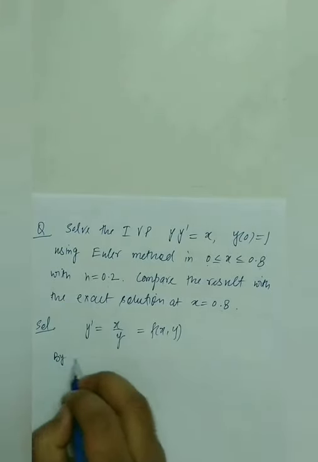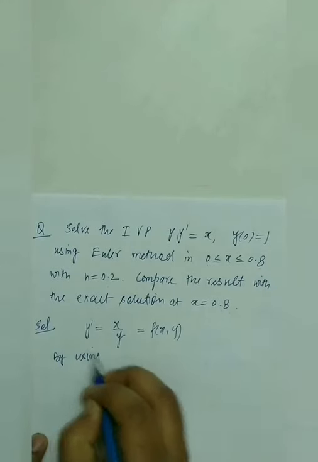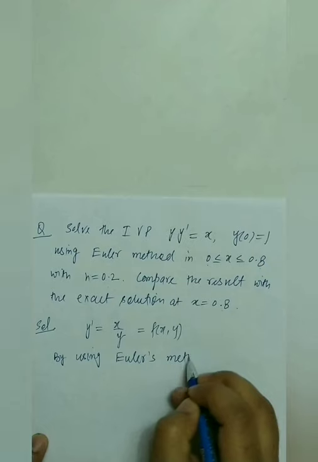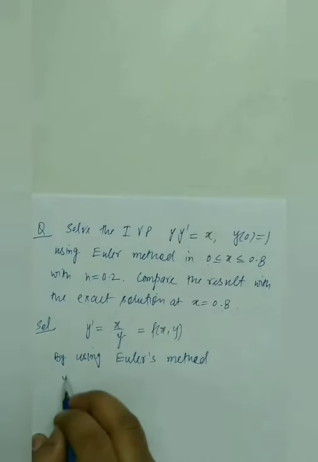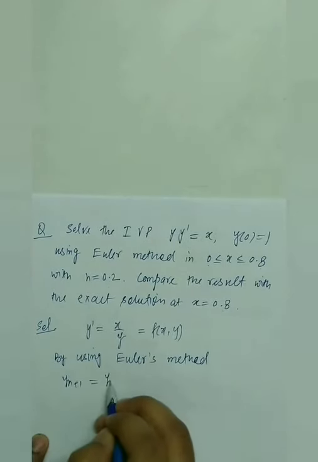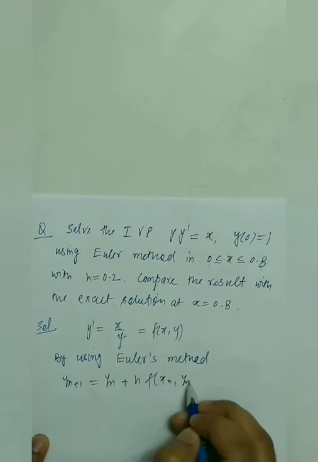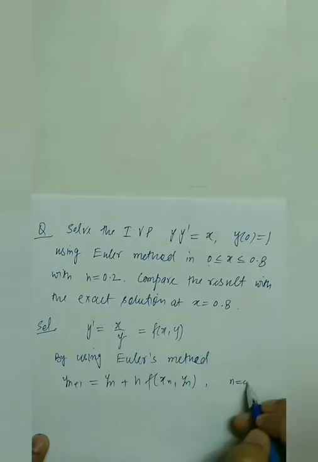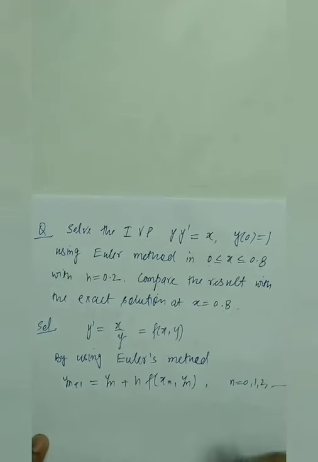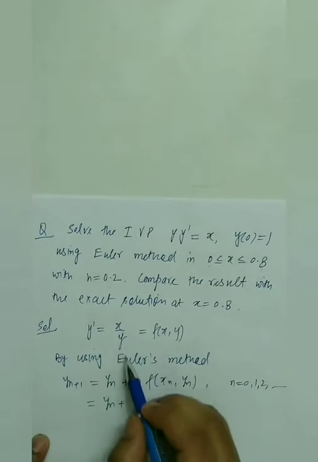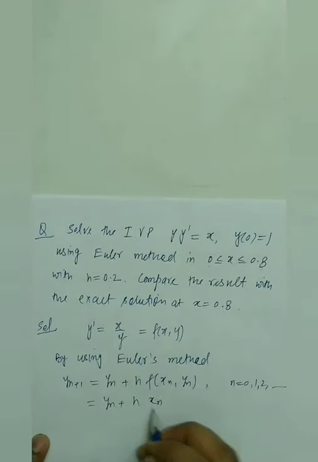So by using Euler's method, we have y(n+1) is equal to yn plus h f(xn, yn), here n equal to 0, 1, 2 and so on. So we can put f(xn, yn), which will be xn upon yn.